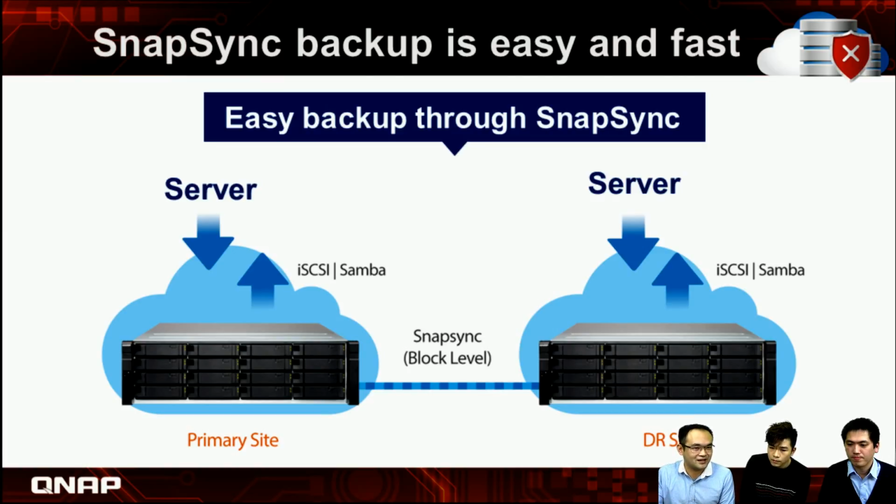But for QES, SnapSync is embedded in QES, so you can use it easily and fast to migrate your data to the remote side. So when I choose the QES system, I can also use the block level solution at the same time. I don't have to get another license you just mentioned.